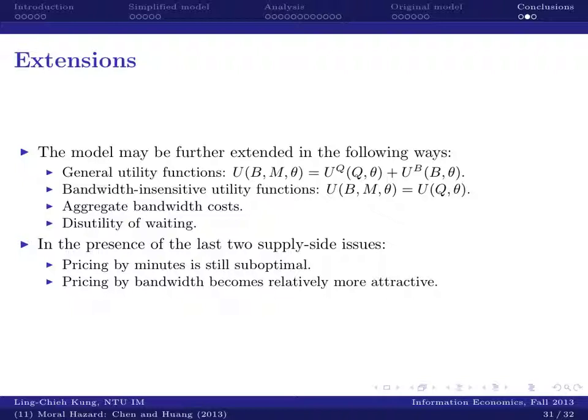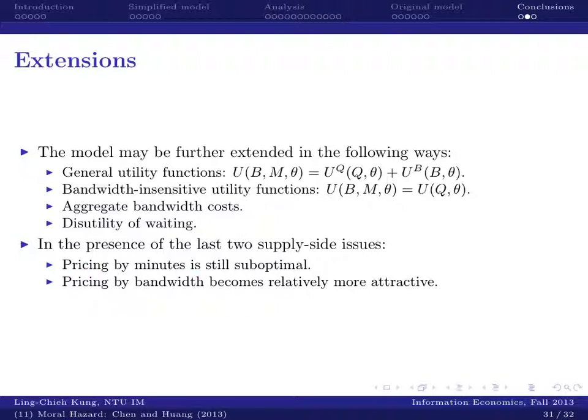Another thing is the disutility of waiting. If all those guys are using 3G networks, there's congestion, and as a consumer, I hate congestion, right? So there may be some disutility if too many people are using the same service. In the last two cases, we can show that pricing by minutes is still suboptimal.